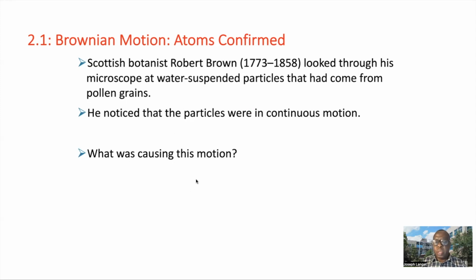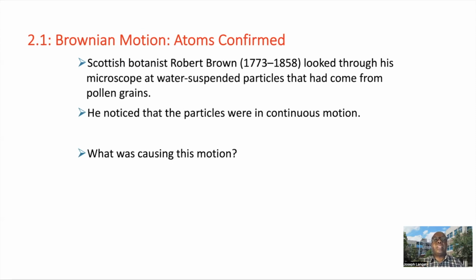What was causing them, as I explained, had to do with the movement of water molecules as a result of thermal energy in them. You can read more about the Brownian motion. Albert Einstein explained that water is made up of atoms, and the atom possesses what we call thermal energy.